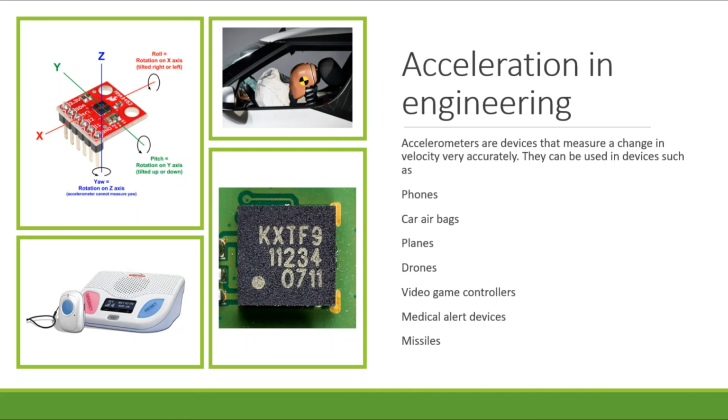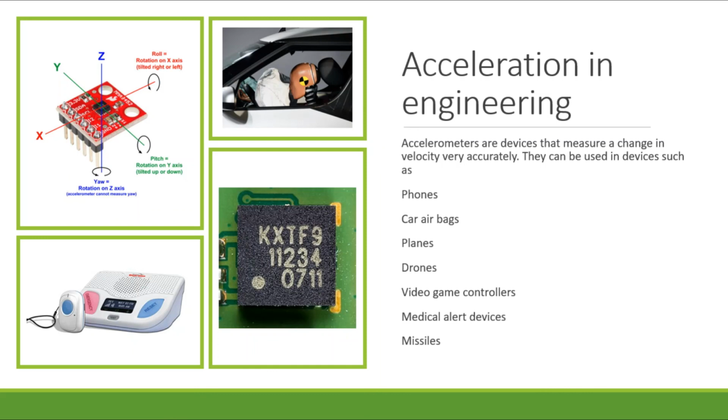Now, of course, video game controllers now have a lot of these devices as well, especially if you look at Oculus Rift. You need to be able to know how the different parts of your head setup and your hand setup are moving relative to each other. So that's why you need really advanced accelerometers, even stuff like medical alert devices. If someone has a quick fall to the ground, that information from an elderly patient or someone else can be sent to a hospital, and the hospital can send someone out quickly to check up on that person.